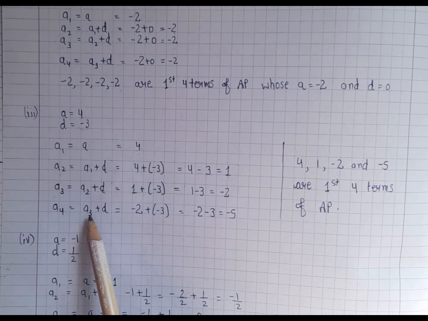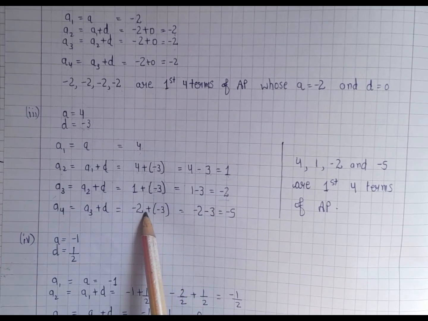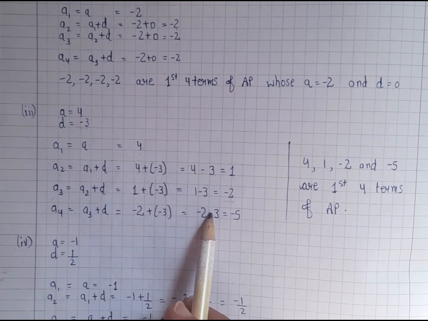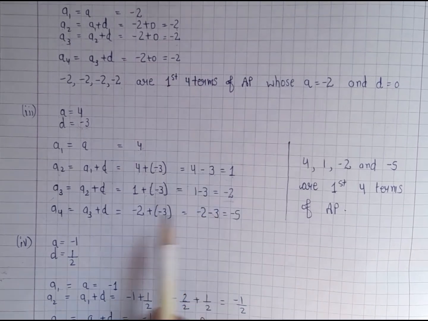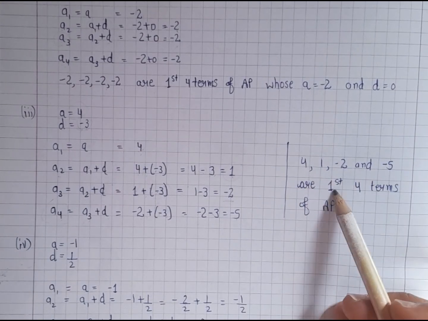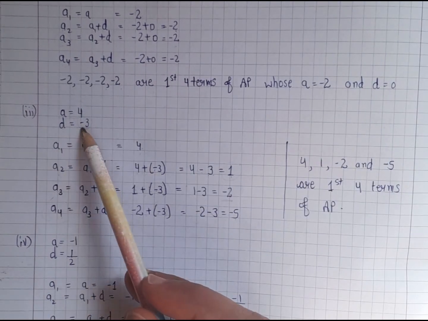The fourth term equals the third term plus the difference. That is minus 2 plus (minus 3) is the difference. Now minus minus is plus, so after adding these two terms we have minus 5. This is our fourth term. So 4, 1, minus 2 and minus 5 are the first four terms of the given AP where A is 4 and D equals minus 3.